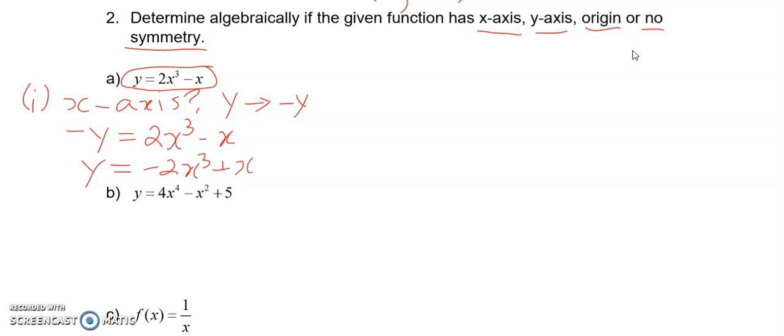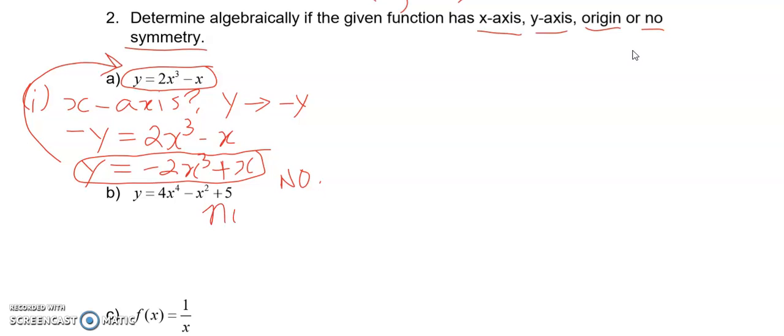Now, compare this new function to the original function that you started with. Are they exactly the same thing? Are they exactly the same function? And the answer is no, they are not. And so your conclusion would be that this graph, this function, is not symmetric. I'll just write SYMM. Not symmetric with respect to the x-axis.